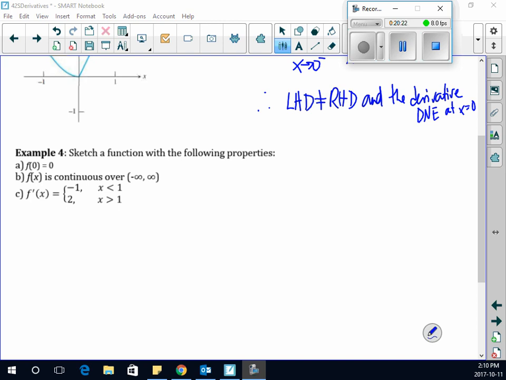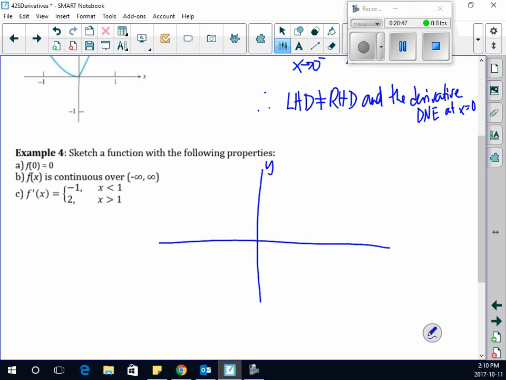Open circle or closed circle? Again, it doesn't have a derivative at 1, but it says it's continuous over the reals. So does that mean it would be closed? But how do I make a closed circle not have a derivative?